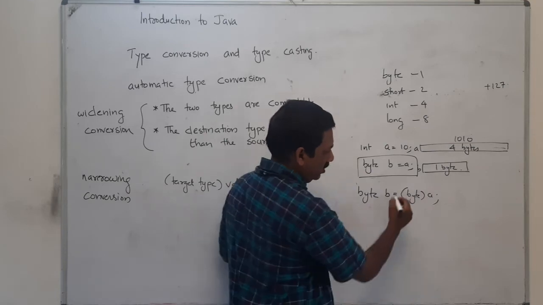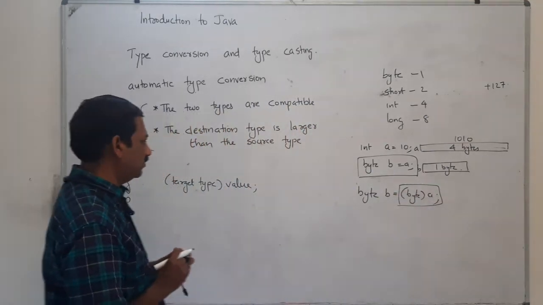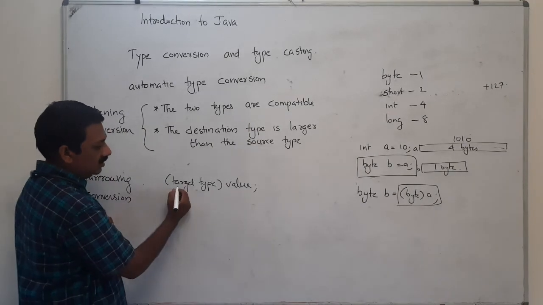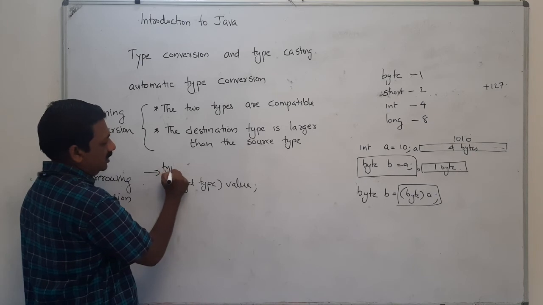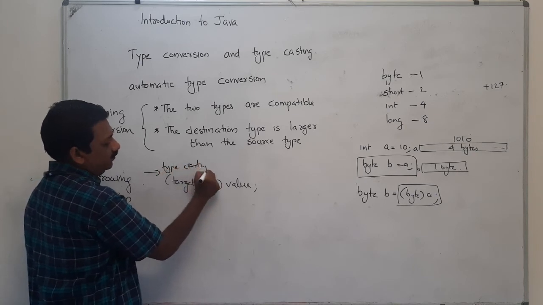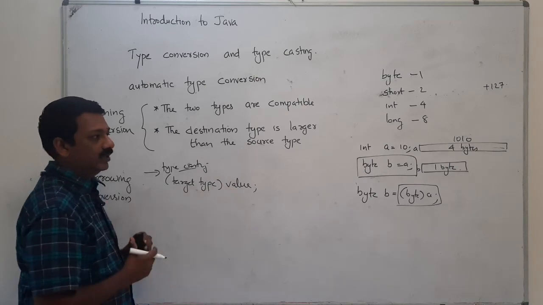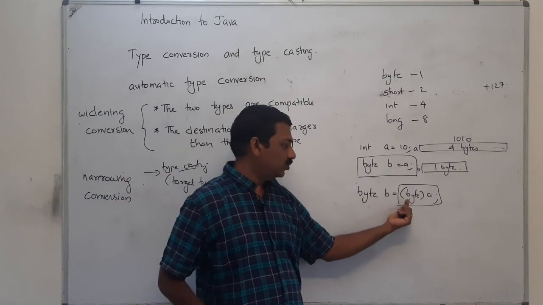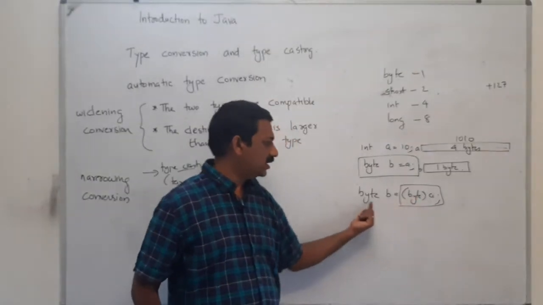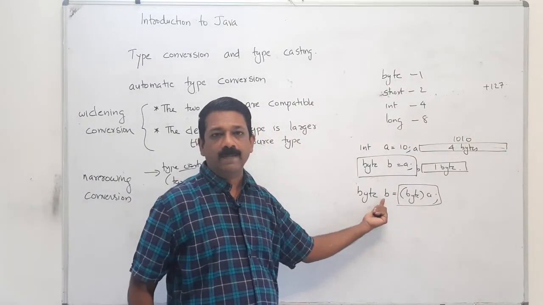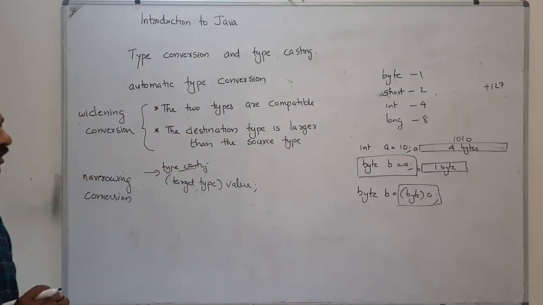This is typecasting, and this is the syntax of typecasting. You specify the target type and the value. Here, you have to convert a to byte and then assign that value to b. Okay, so that's all about type conversion and typecasting.